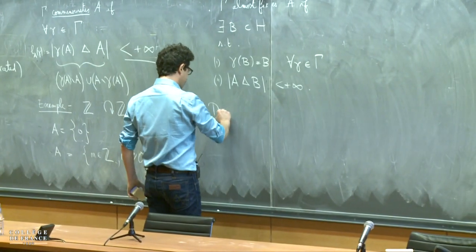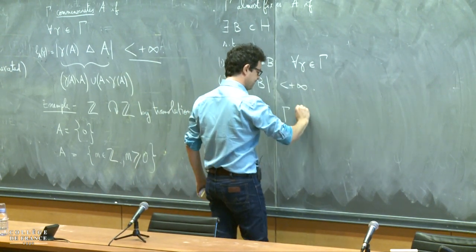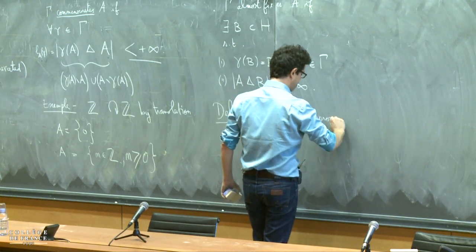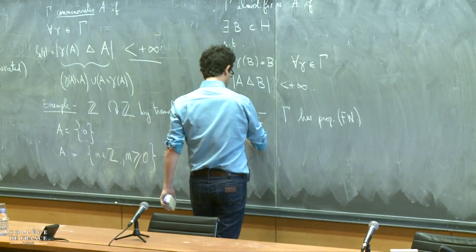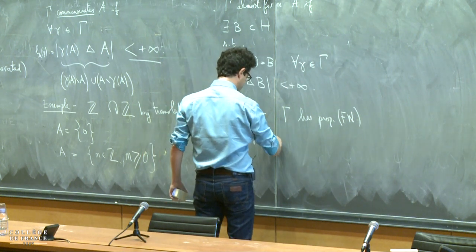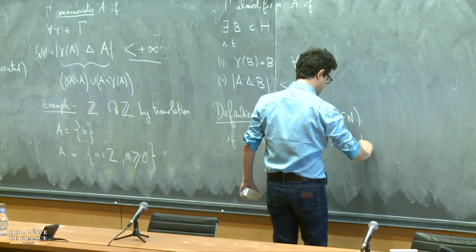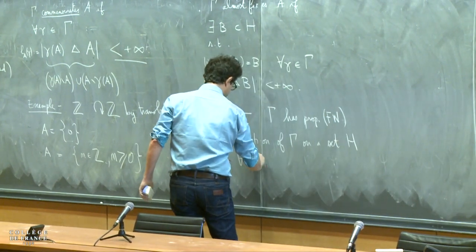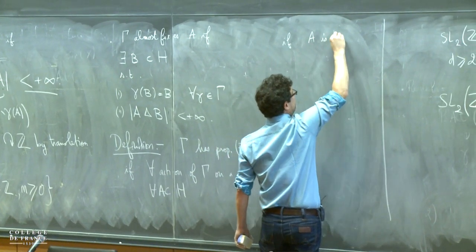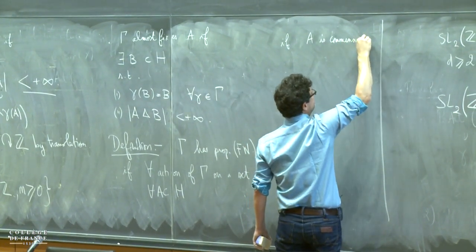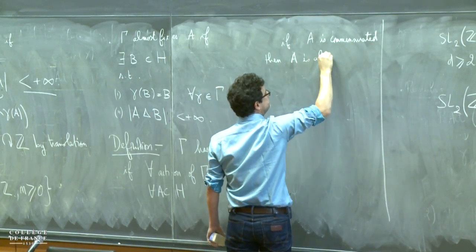Okay, now comes the definition. So gamma has property FW if for every action of gamma on a set H and for every subset A in H, if A is commensurated, then automatically A is almost fixed.